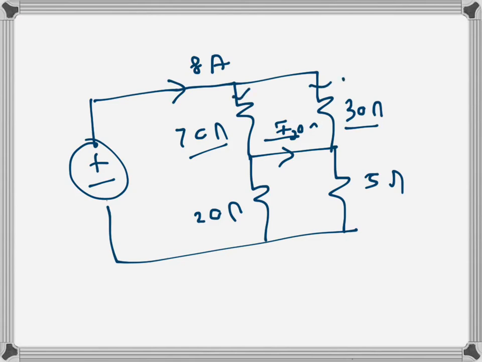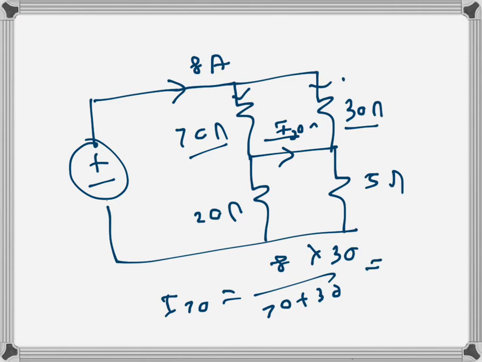So this current I70, if we say, that will be 8 over 70 plus 30 times 30, which is 240 over 100, so that's 2.4 amps.